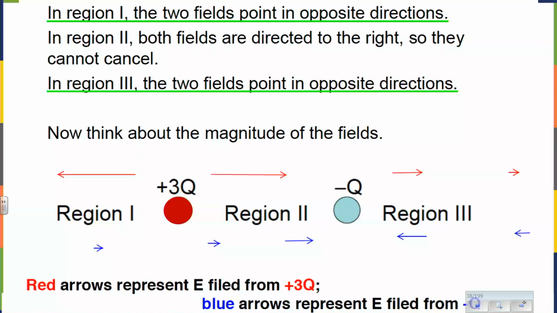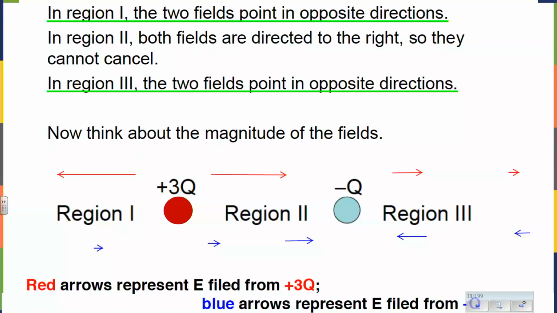Same is happening here. Electric field points away from a positive charge. Away means away in all directions. So on the left to the charge, electric field points to the left. But if we move away from a charge, the strength becomes smaller and smaller. Same here. This is a negative charge.